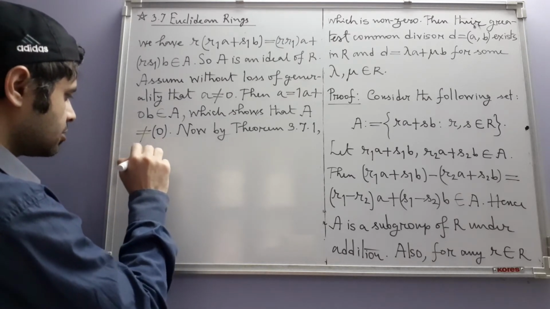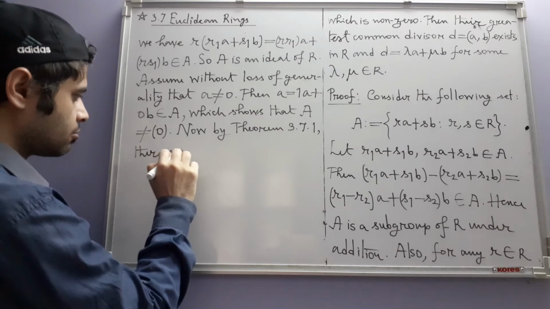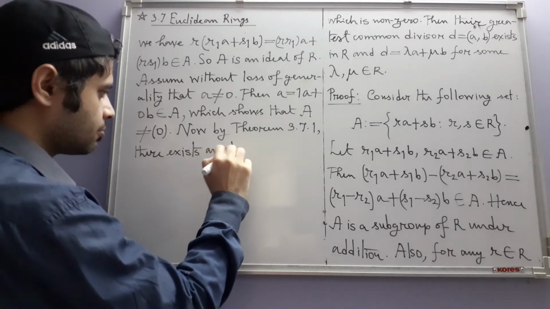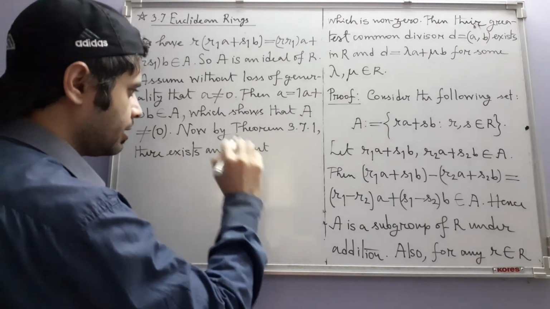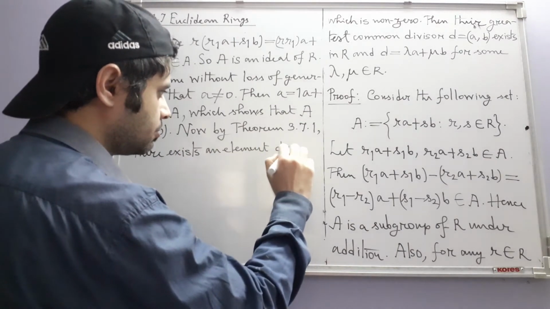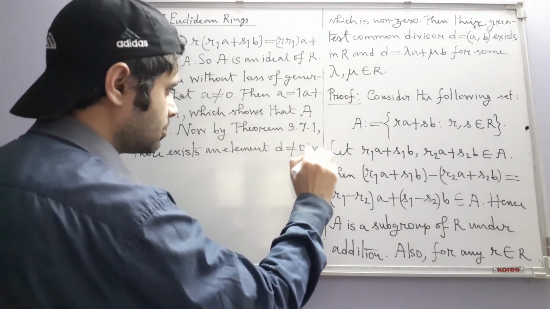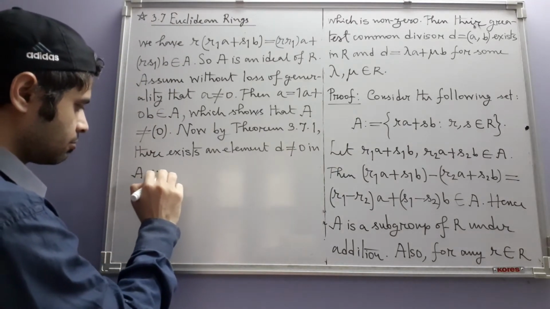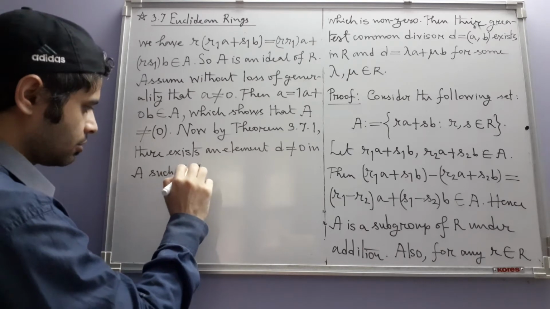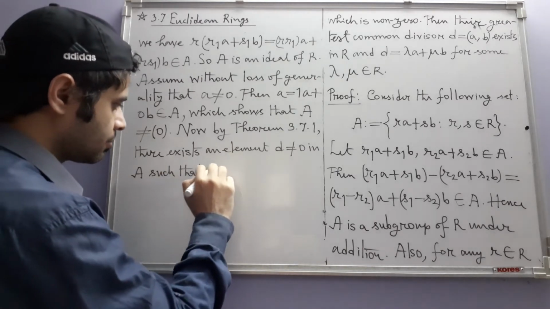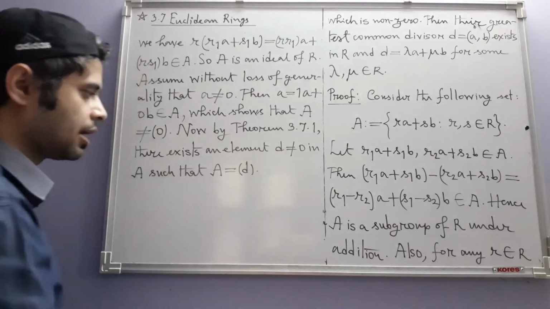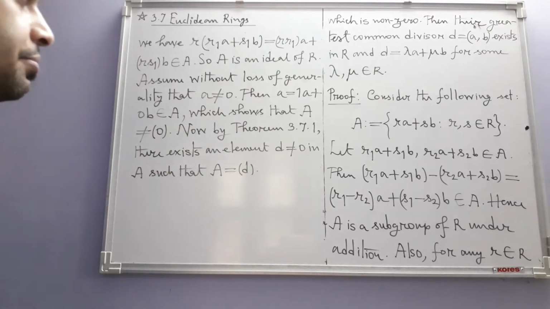There exists an element D not equal to 0 in A such that A is generated by D. A is the principal ideal generated by D.